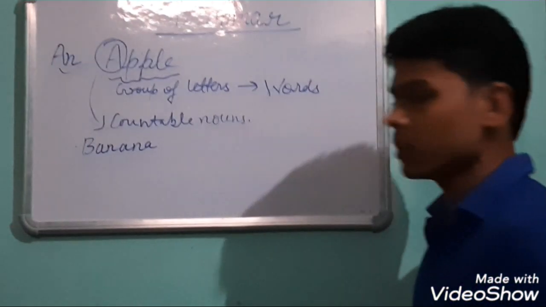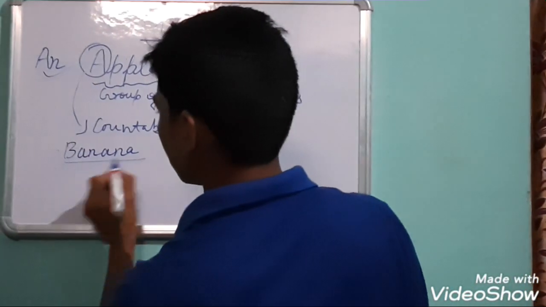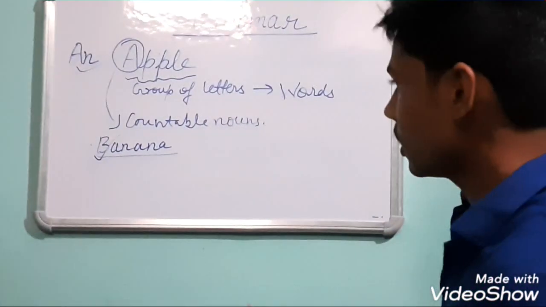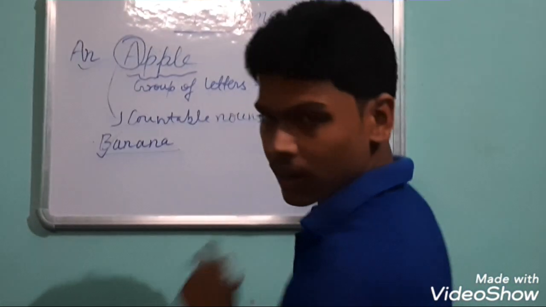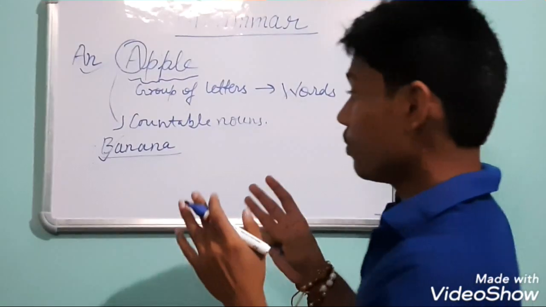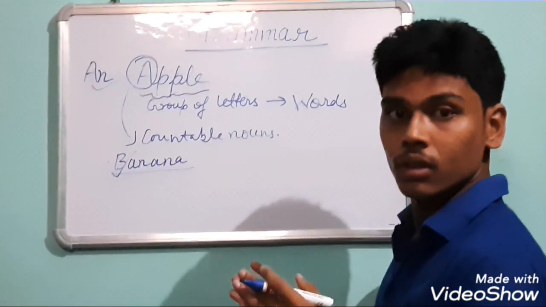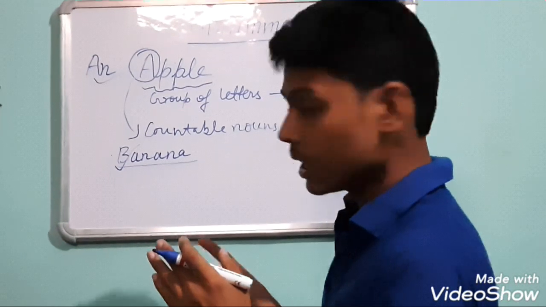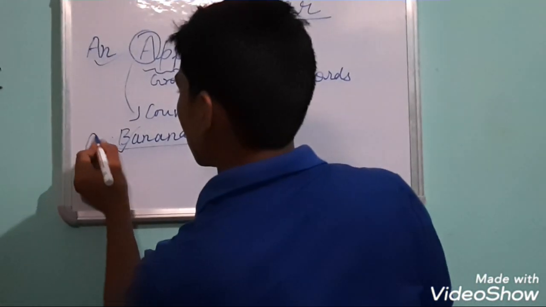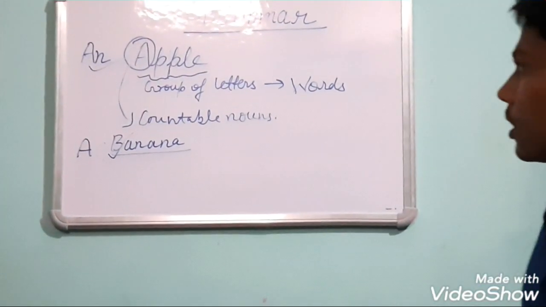First of all, we will see that this word is starting with the letter B. We know that B, C, D, F and so on, except A, E, I, O, U, the words which start with these, we will add A before them. So it is a banana.